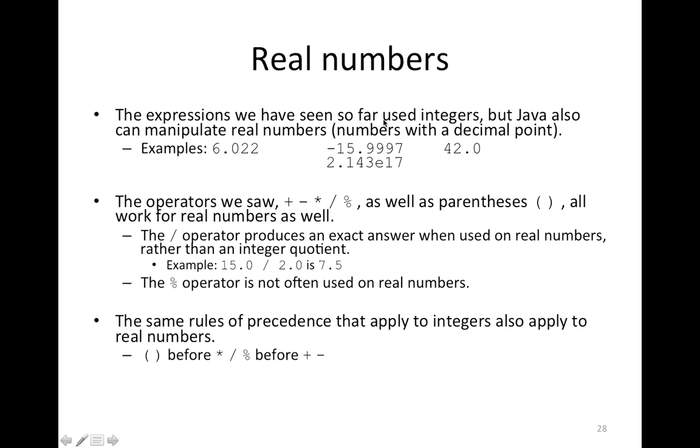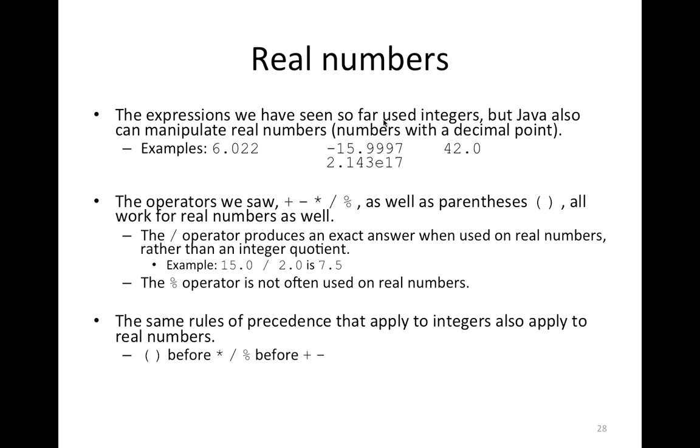So real numbers. The expressions we have seen so far used integers, right? But Java can also manipulate real numbers. The operators we saw as well as parentheses all work for real numbers as well. The division operator produces an exact answer when used on real numbers. For example, previously I mentioned 15.0 by 2.0 is 7.5.